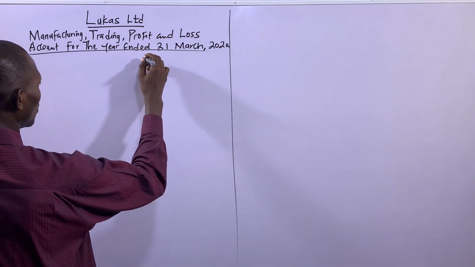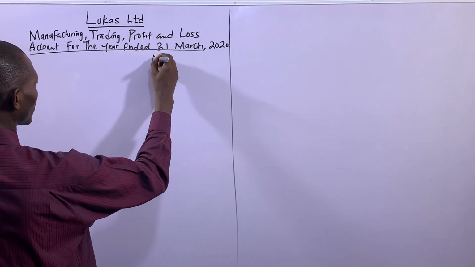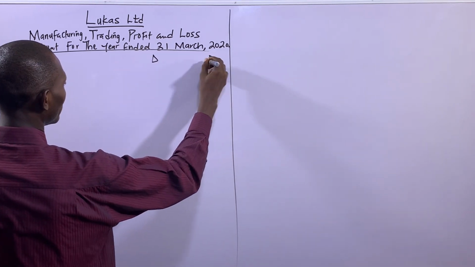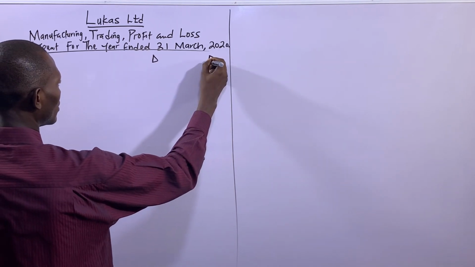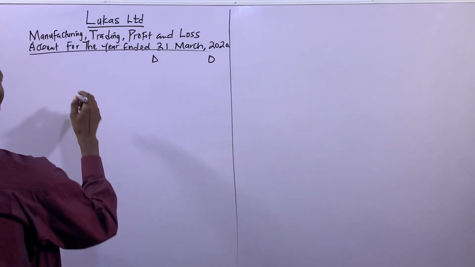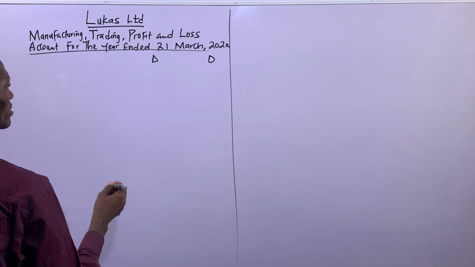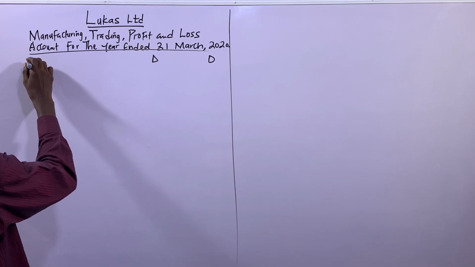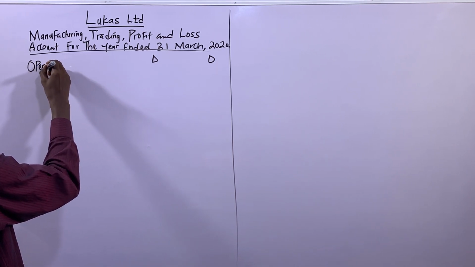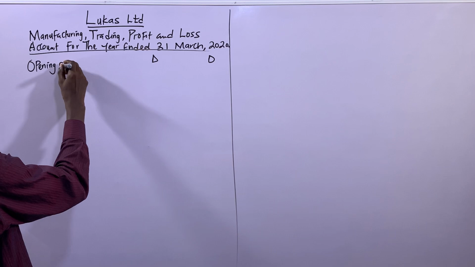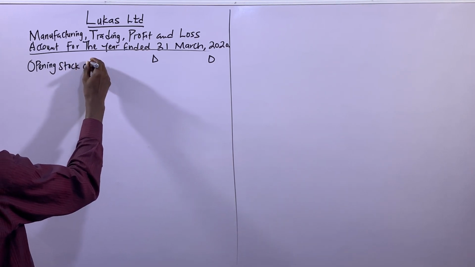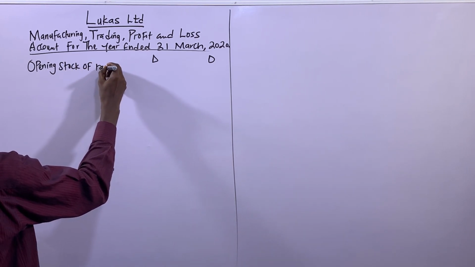So let's start. We have the two currency signs, the currency sign that was given in the question. Let's start with the opening stock of raw materials.